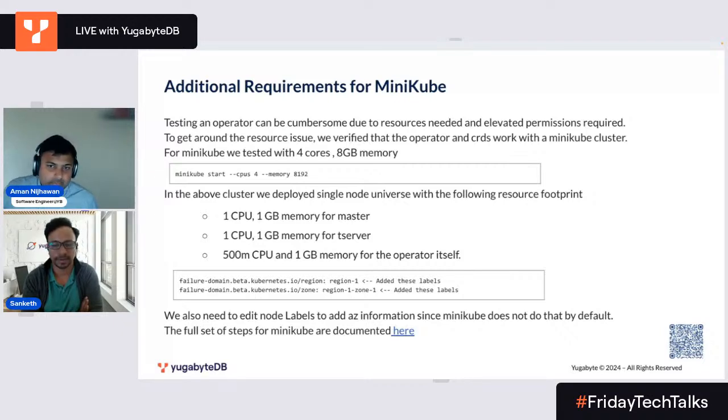Got it. And usually, would these labels already be present on a GKE cluster or an EKS cluster, or would I still need to add them manually? Yeah, these are standard labels on nodes. On GKE and EKS clusters, they're present. For some reason, they're not present on Minikube in the version that we tested with. But these are present on cloud provider managed Kubernetes clusters.